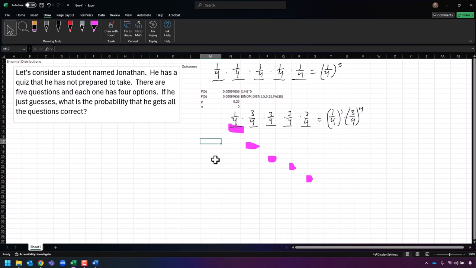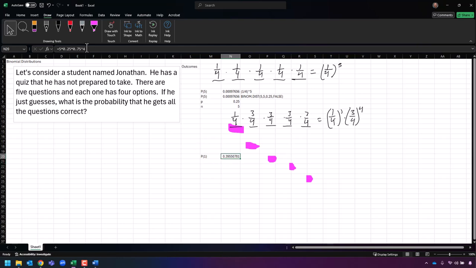So notice if I do the probability of getting exactly 1 correct, there's 5 ways I can get 1 correct. The probability of getting 1 correct, I'm going to use 0.25 raised to the 1st power, and then 0.75 raised to the 4th power.